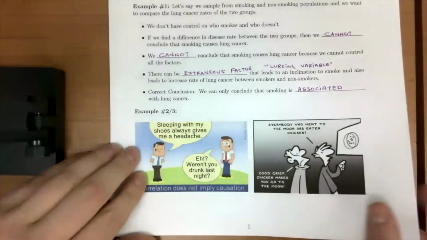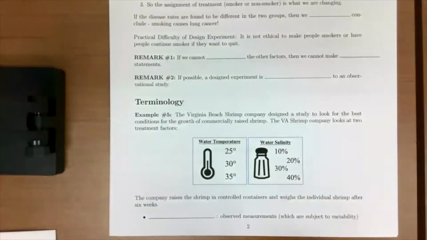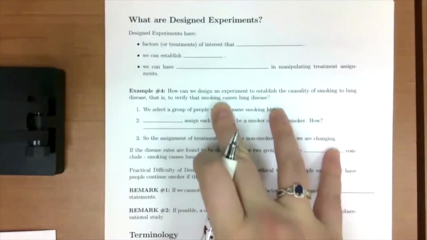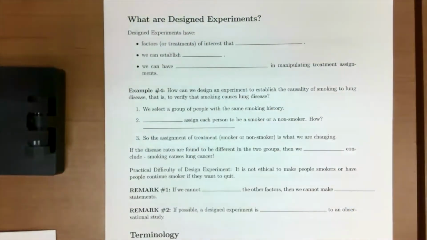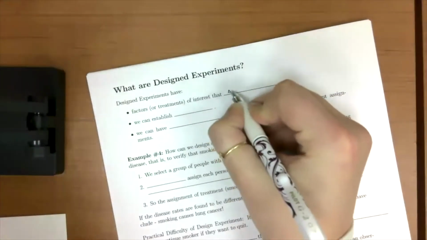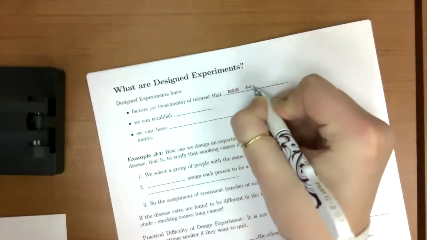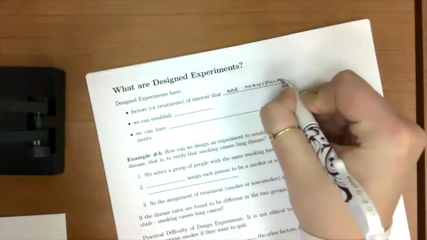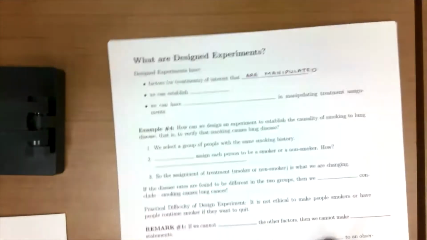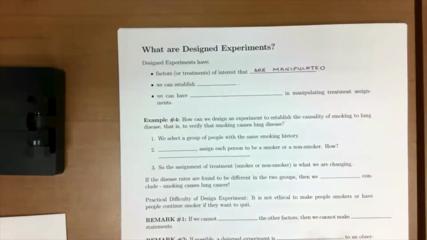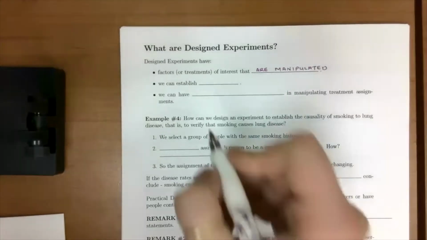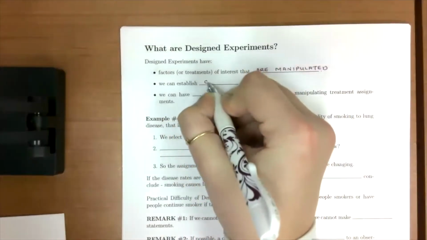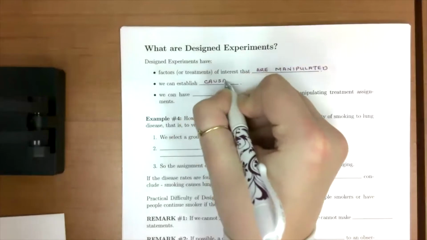Now, where we're going is, instead of observational studies, we have designed experiments. In this case, the factors or treatments of interest are manipulated by the experimenter. We are able to control factors, and so we can establish causality.